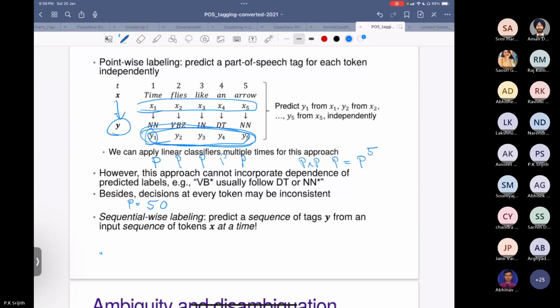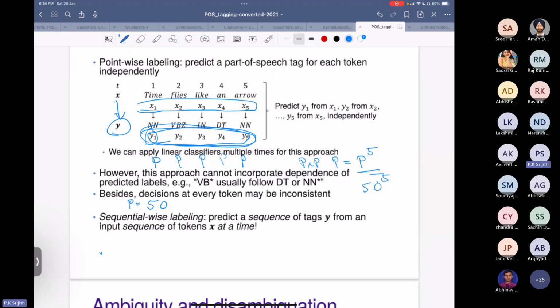To treat it as standard classification, you need to associate a label with each of these P raised to 5 possible assignments. That number of classes is going to be very, very large. You can think of how large 50 raised to 5 is.